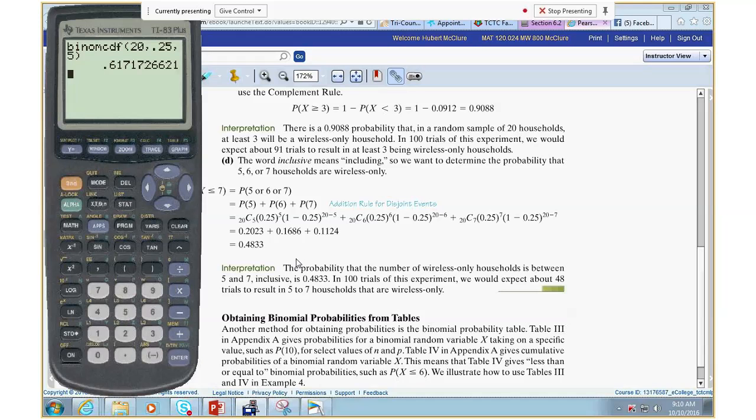Okay, something's wrong. Okay, well then we're using the wrong one. I thought it was CDF.